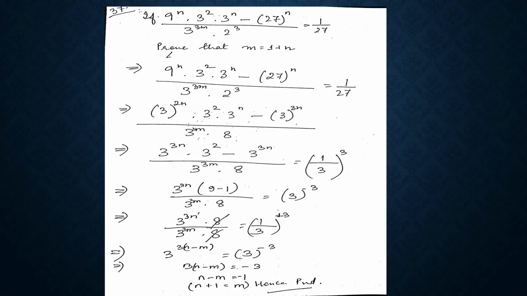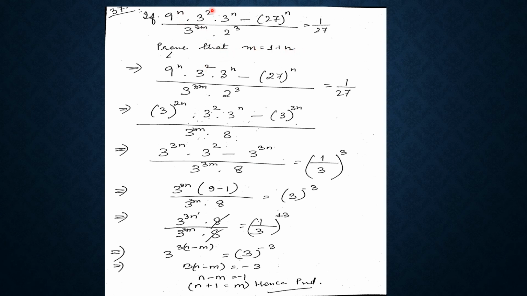Let us see the last sum for discussion today. That is, if 9 to the power n into 3 square into 3 to the power n minus 27 to the power n by 3 to the power 3m into 2 to the power cube is equal to 1 by 27. And we have to prove that m is equal to 1 plus n.